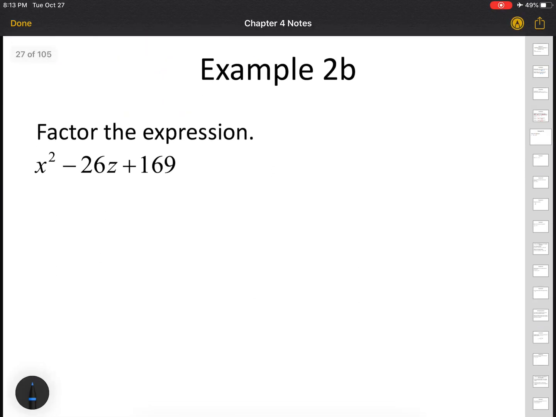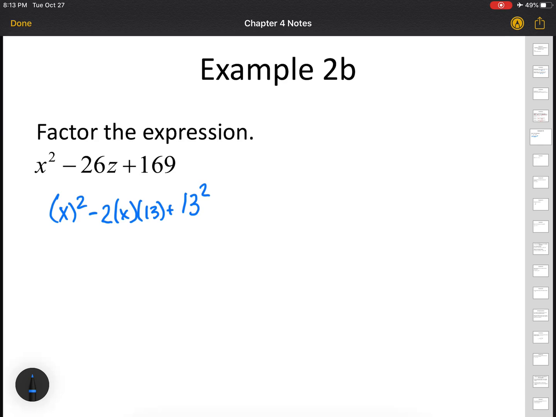In example 2b, I see some perfect squares going on. I know x squared is a perfect square there, and 169 is actually a perfect square of 13. And if I look in the middle here, if I double x and 13, that does make a negative 26x here.